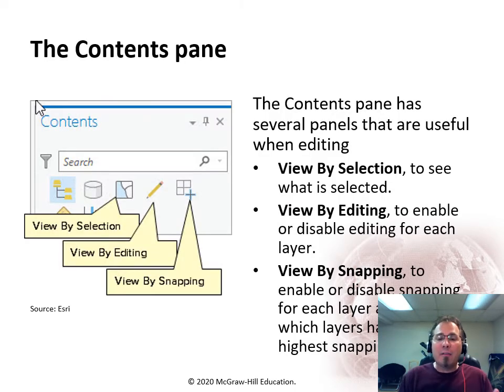So in the contents pane, you now have some new viewing options. You have obviously view by source and view by layer, but you also have view by selection to see what's selected. That's been there for a while, but now you have view by editing, which is kind of nice because what this does is it allows you to turn editing options off or on, just a checkbox, so you don't accidentally edit something you didn't mean to.